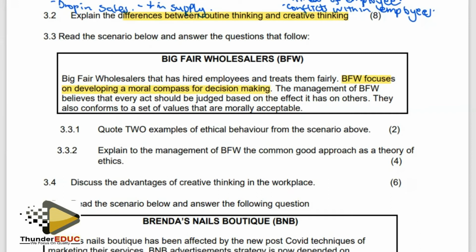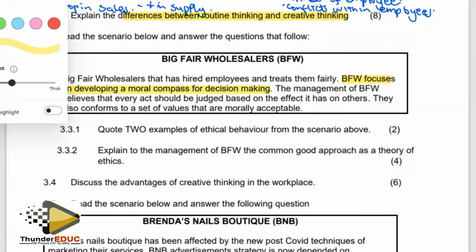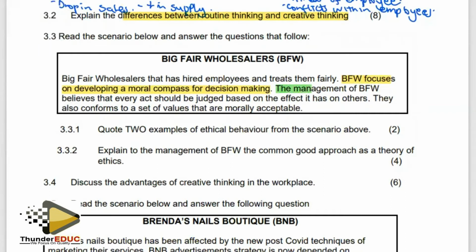So the management of Big Fair Wholesalers believes that every act should be judged based on the effect it has on others.